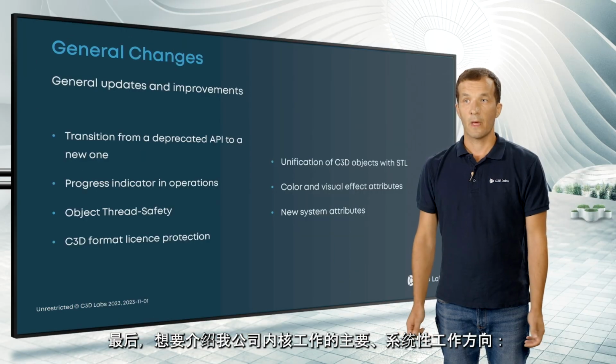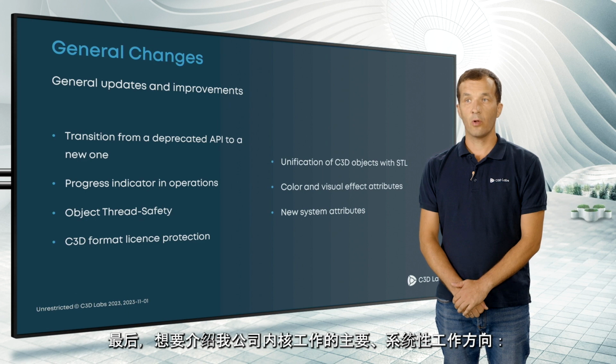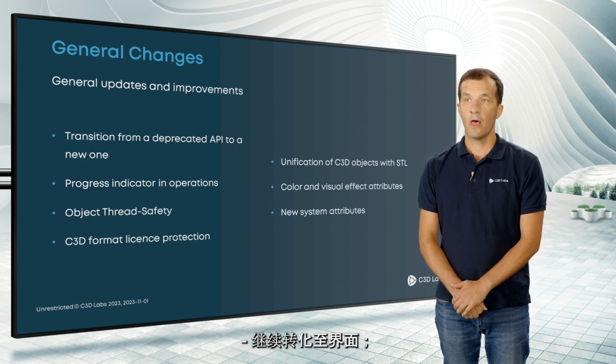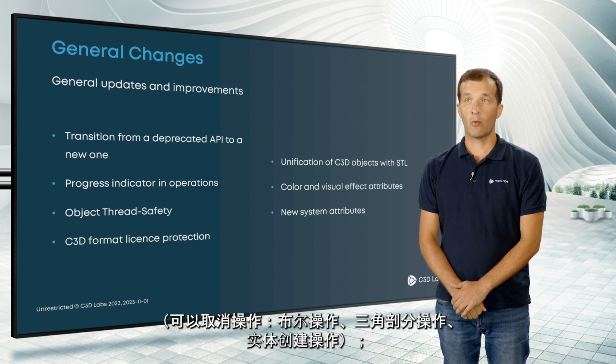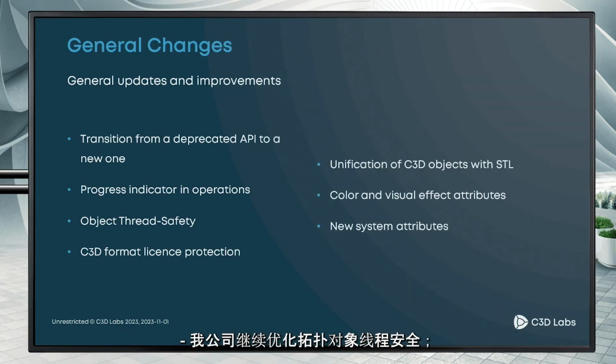In conclusion, I will note some general or systematic work on the kernel. We continue the transition to new interfaces. We implemented embedding a progress indicator in kernel operations, which provides the ability to cancel the operation. We continue work on thread safety of topological objects.